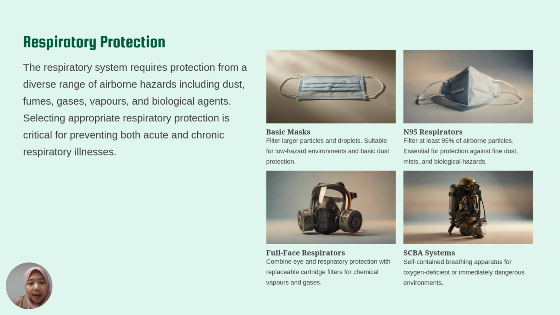N95 respirators filter at least 95% of airborne particles, which is essential for protection against fine dust, mist, and biological hazards. Full-face respirators combine eye and respiratory protection with replaceable cartridge filters for chemicals, vapors, and gases. We also have self-contained breathing apparatus for oxygen deficient or immediately dangerous environments.